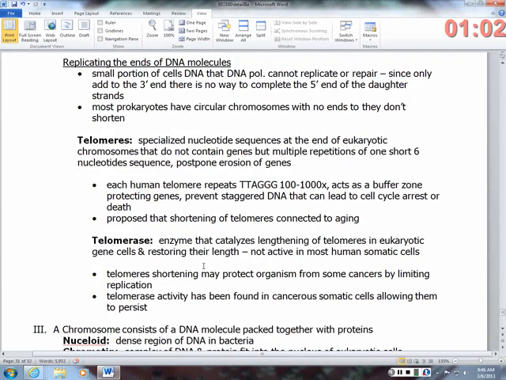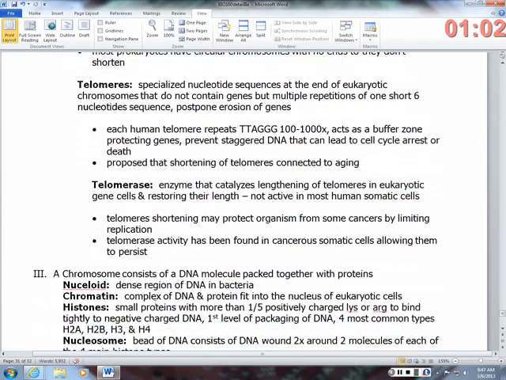So we've got this enzyme telomerase that can catalyze lengthening of the telomeres in the eukaryotic genes and restore their length, but this is not active in most of our cells. And you look at that and you go, okay, that really sucks that that's not active in most of your cells. But it's thought that telomere shortening is kind of a self-limiting process in some of the cancers.